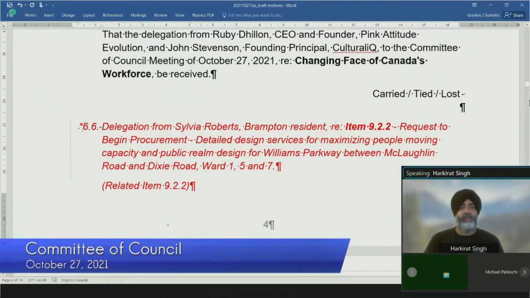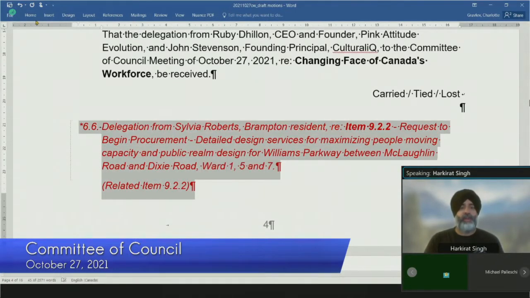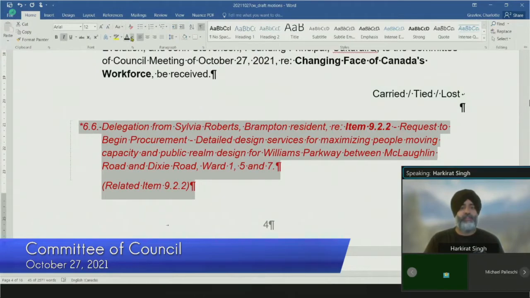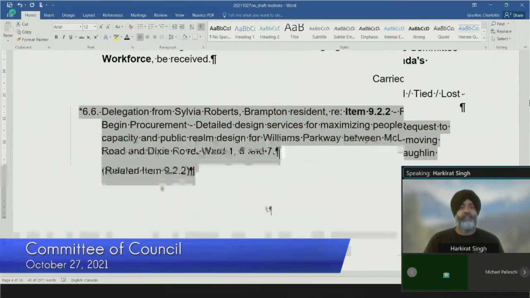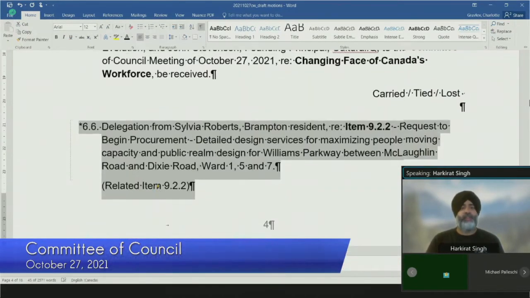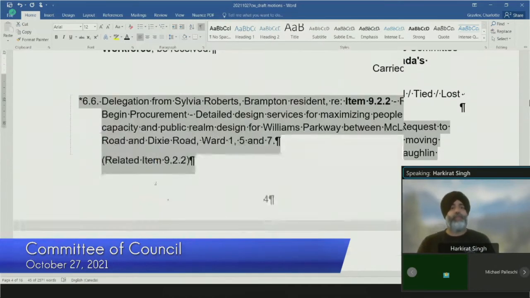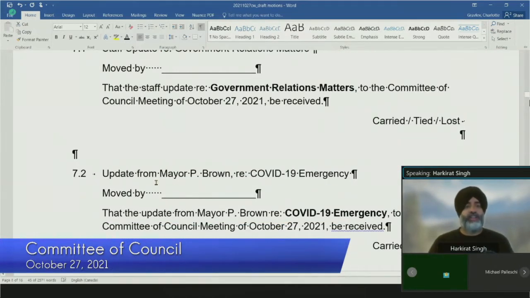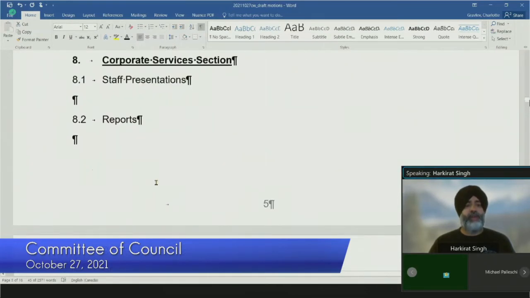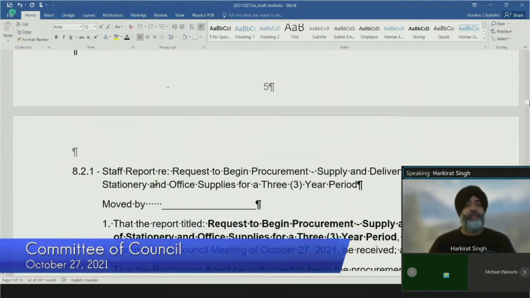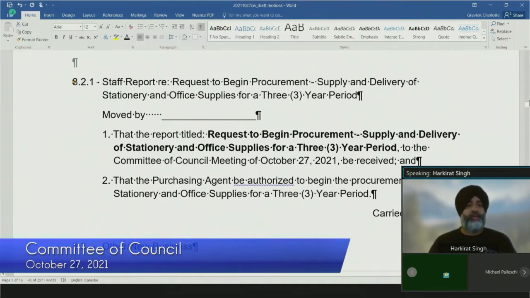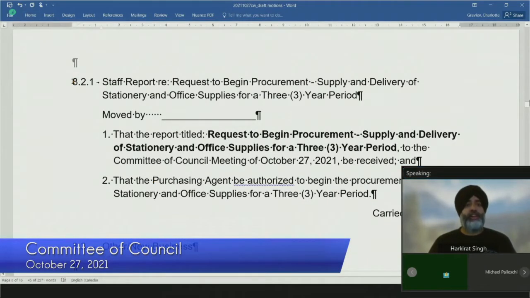Any item not held for debate will be considered as part of the consent motion and voted on for approval. Any of the following agenda items will not be subject to the consent motion for approval: announcements, delegations, presentations, added new business, member discussion items, member question period, and public question period. I'll start reading the relevant agenda items and members can identify any items to be held for debate.